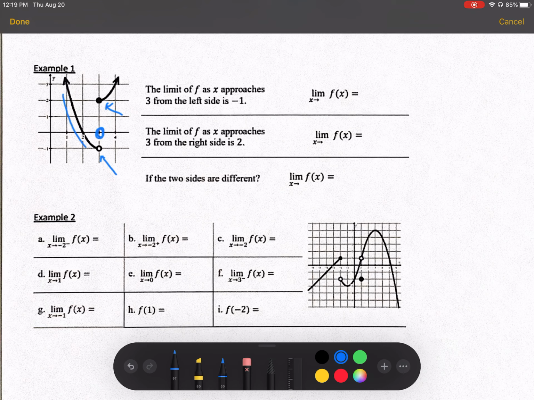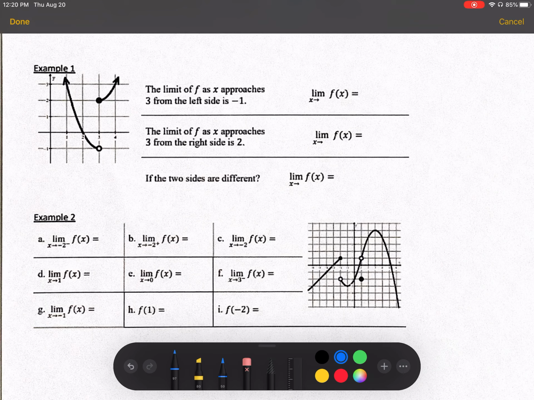As I'm traveling from the left side, the y value that I'm approaching happens to be negative 1. If I just tried to take the overall limit, we'll get to that in just a second.